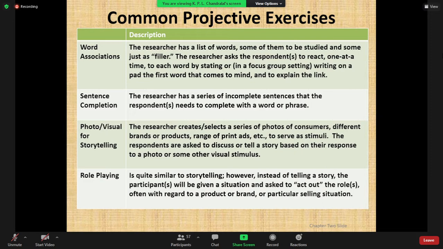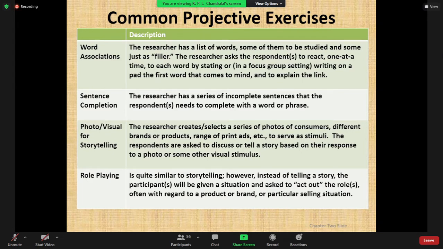So sentence completion. Then photo, visual or storytelling. Let's say storytelling is an option. You give a part of the story, which is kind of a general story, and the remaining part of the story should be completed by the participant.